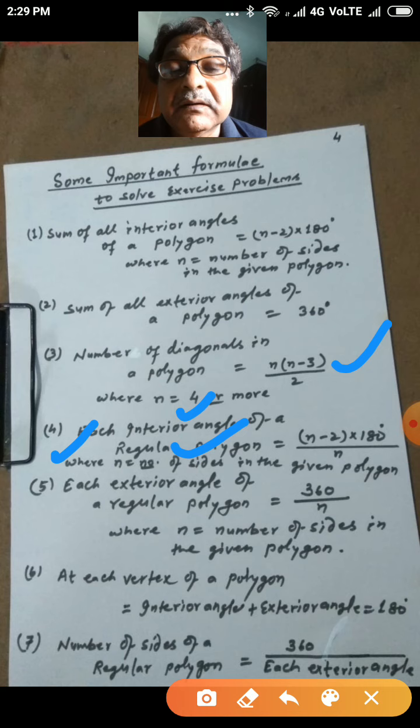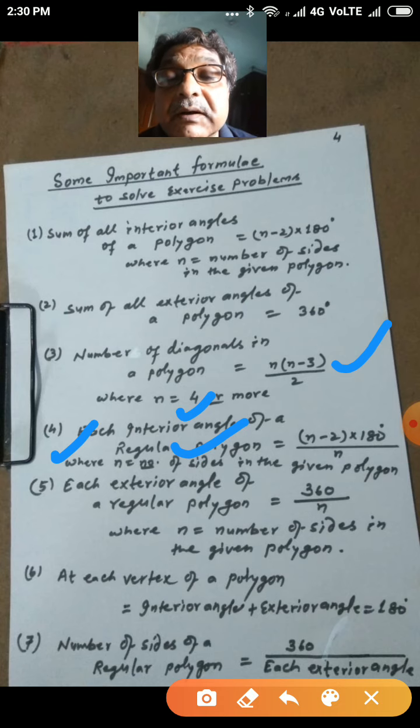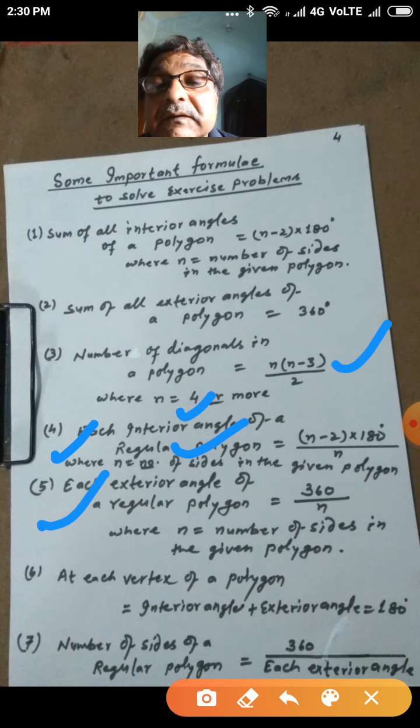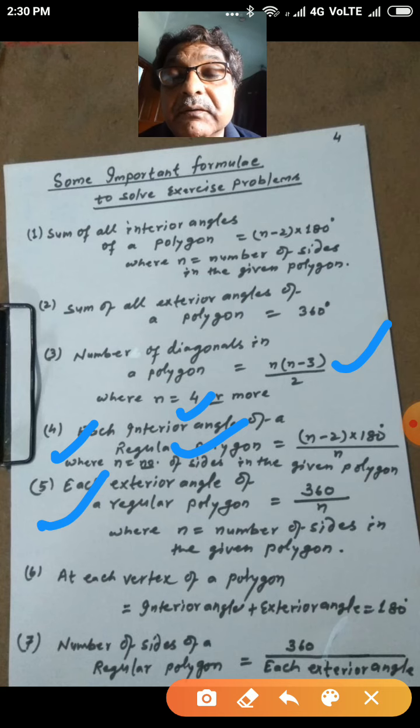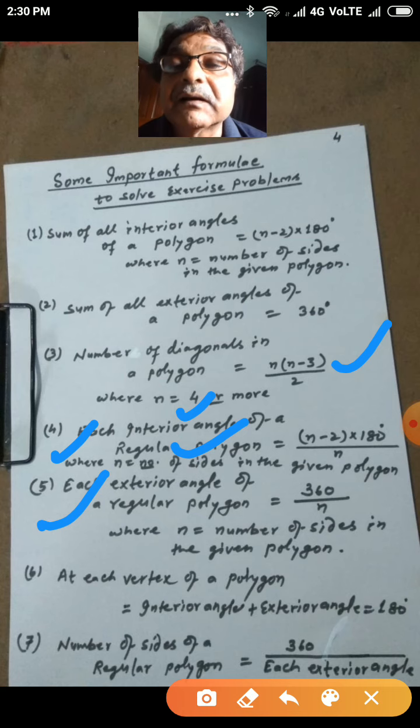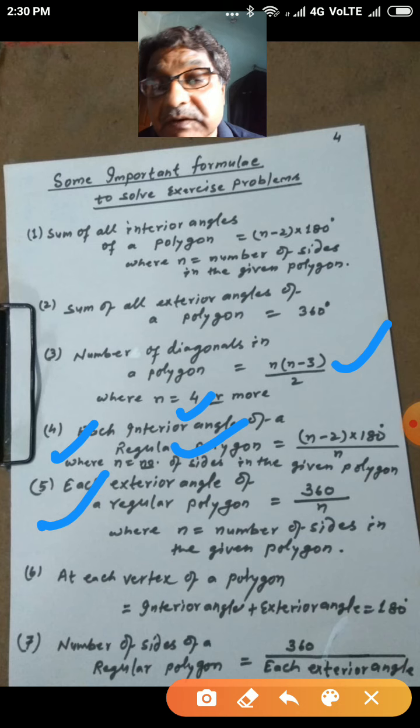So each interior angle of a regular polygon is found using the formula (n minus 2) into 180 by n, where n is the number of sides. Similarly, since in a regular polygon all exterior angles are equal, each exterior angle is equal to 360 divided by n, the number of sides.